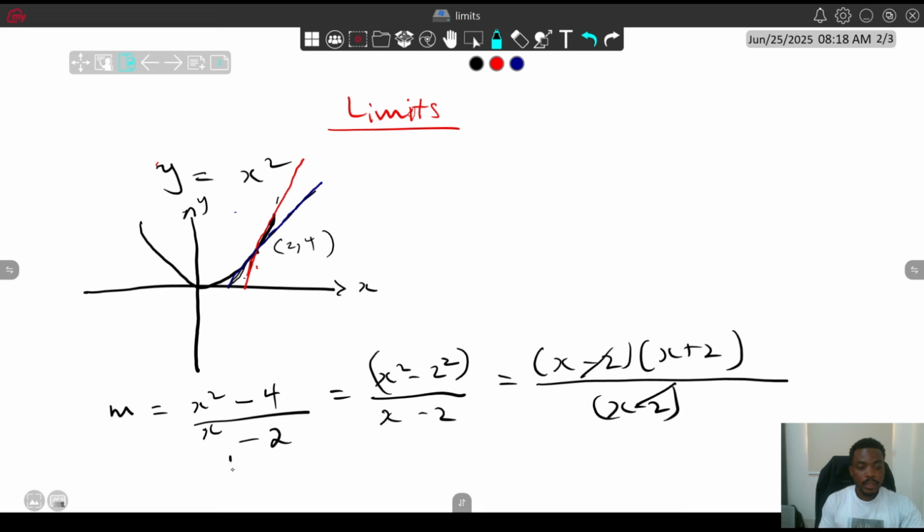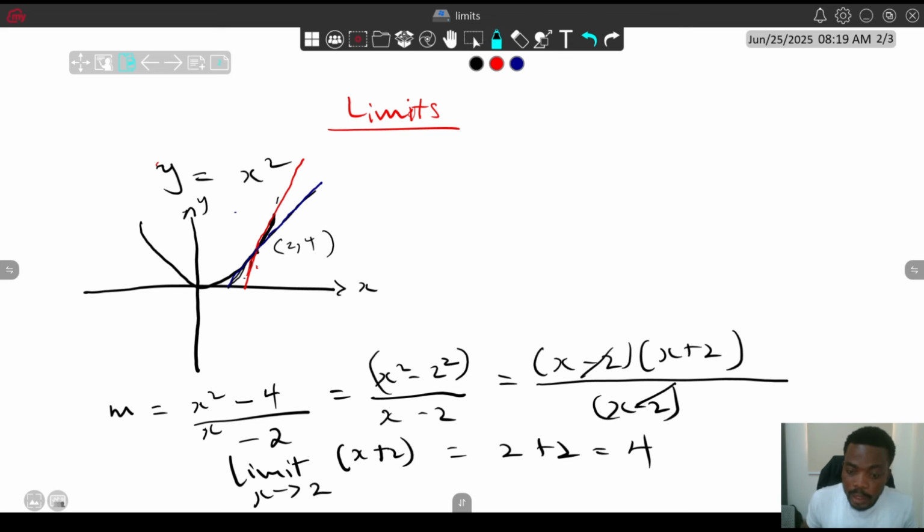So if we take the limit as x approaches 2 of x plus 2, then we have 2 plus 2, and then we have 4. So that is to say that as the values of x approach 2, we are expecting the limit to be 4.